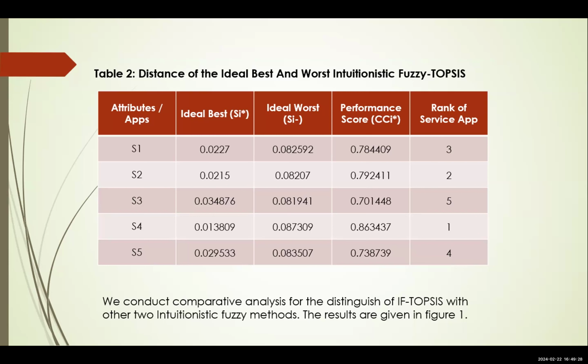By using that performance score, we have ranked the apps. From that ranking, we analyze that S4 is the best app for using with the concern of the 8 attributes, S2 is second, S1 is third, and S3 is the last for adopting with the concern of those attributes.